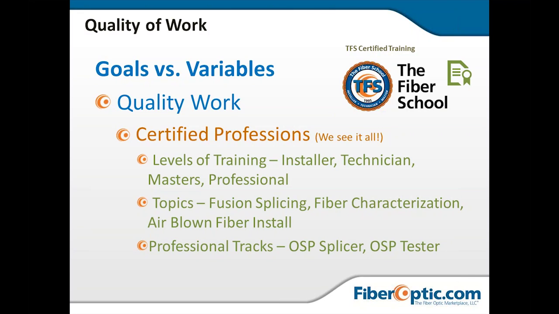In the industry, I think you would also find FOA and ETA have similar. Installer and technician levels are very common within those organizations as well. There are also level 1, level 2, level 3, level 4 technicians that you'll see within the industry.